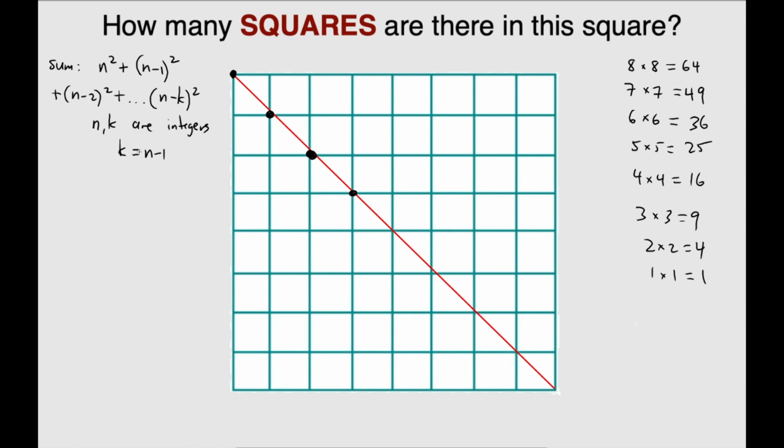Now, why is that important? It's because when we get to the very last term, k should be exactly 1 fewer than n. Right, because to get to 1 from 8, we need to subtract 7 from 8. Right, so n minus 1 is the value of k, because when you subtract that 7, you get n minus k, which is equal to 1, and you square that to get 1 times 1 is equal to 1.